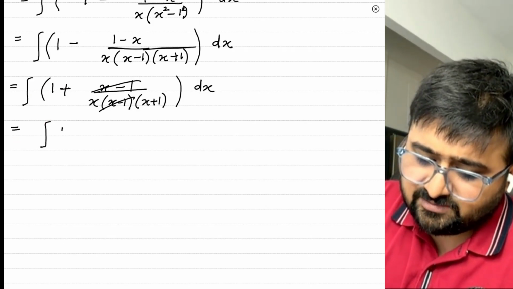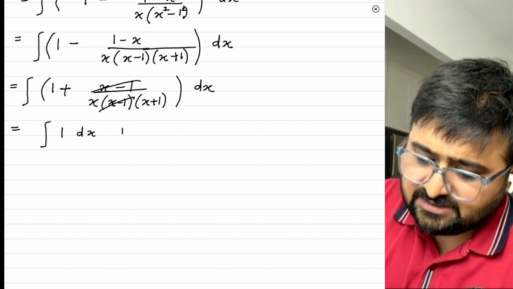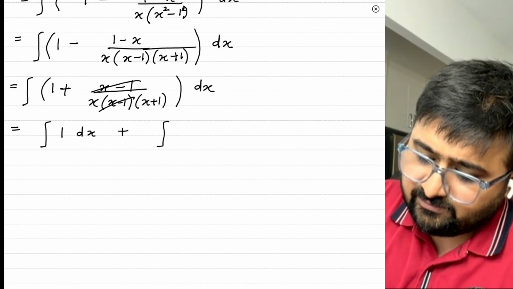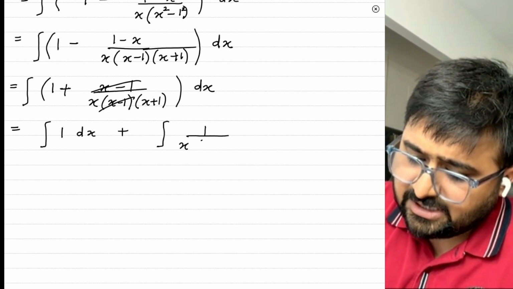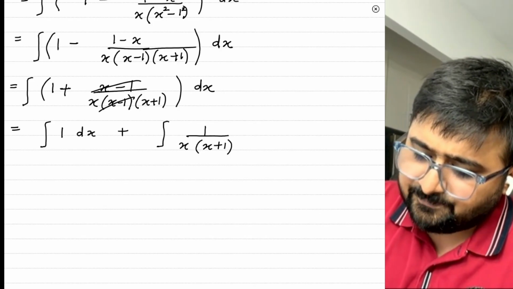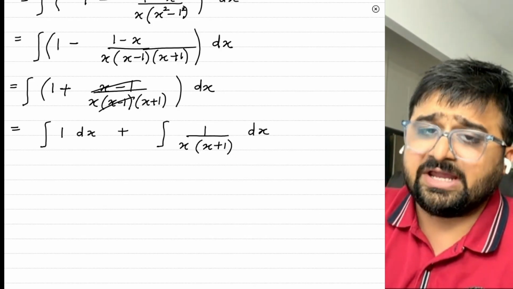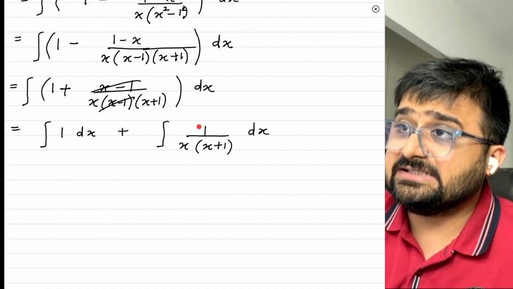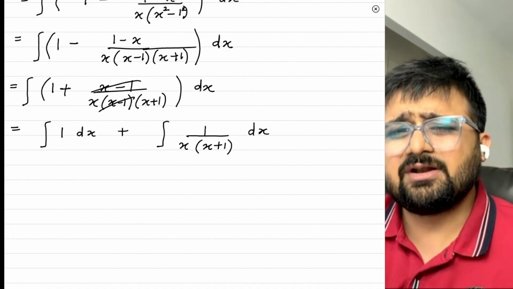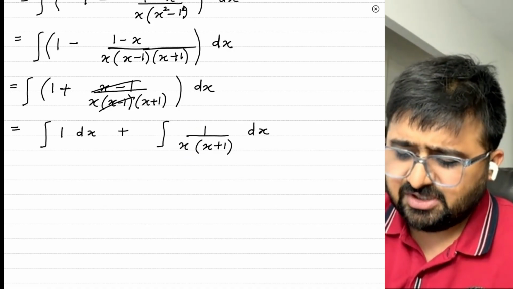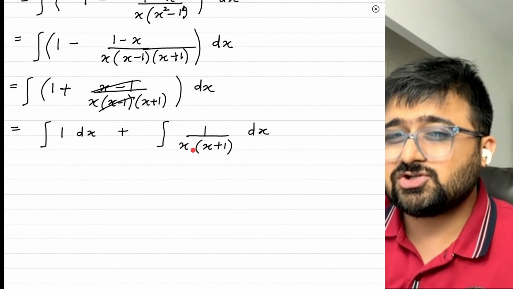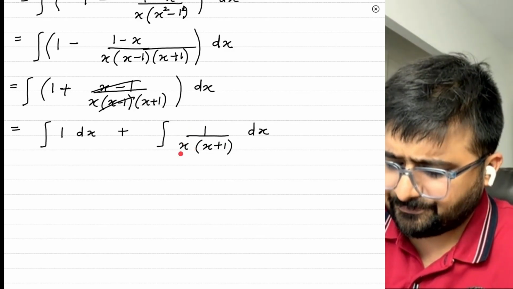So the first term is 1 with respect to x plus the integral of 1 over x times x plus 1 with respect to x. In order to integrate this second term, generally I would do partial fractions, but the way it is formatted, you can actually apply a shortcut formula.